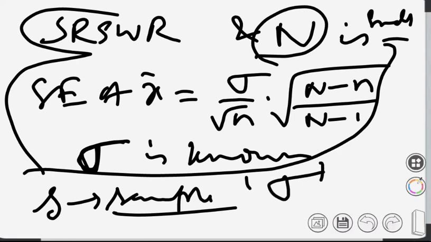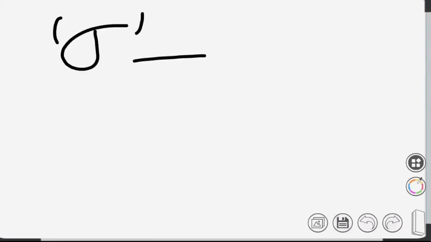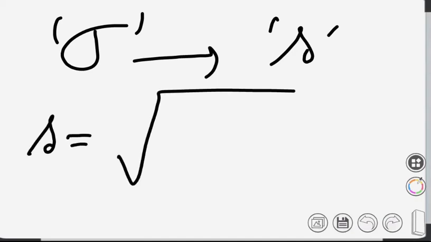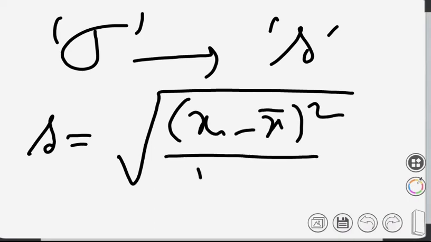The definition of small s is: root over summation of xi minus x bar whole square by n minus 1.